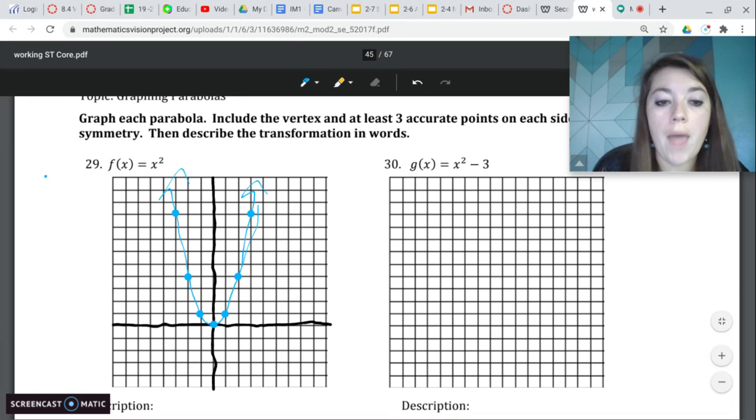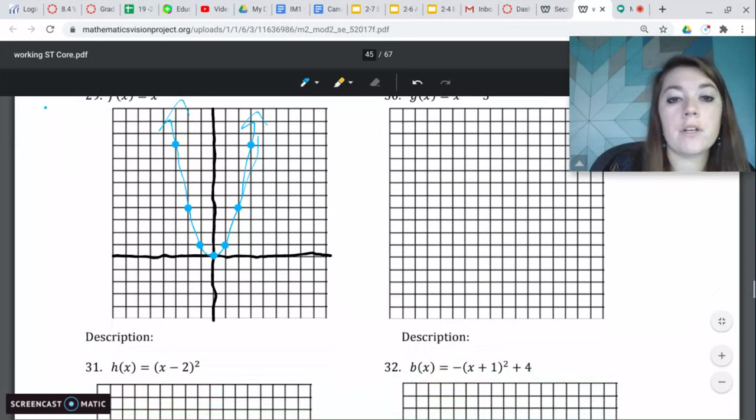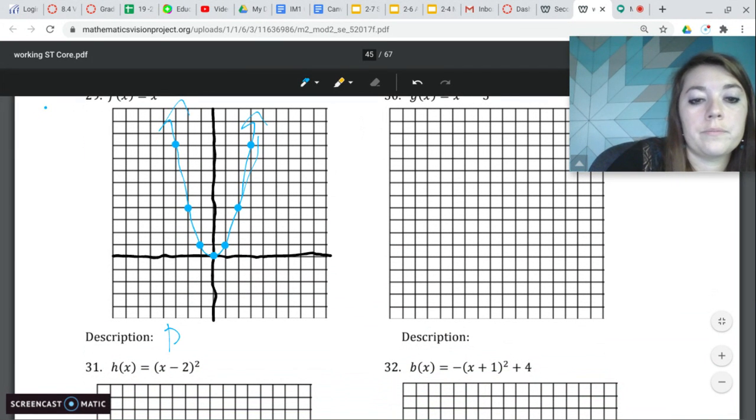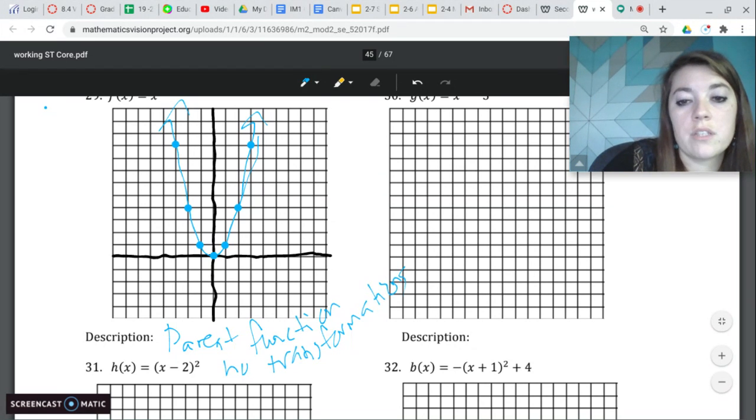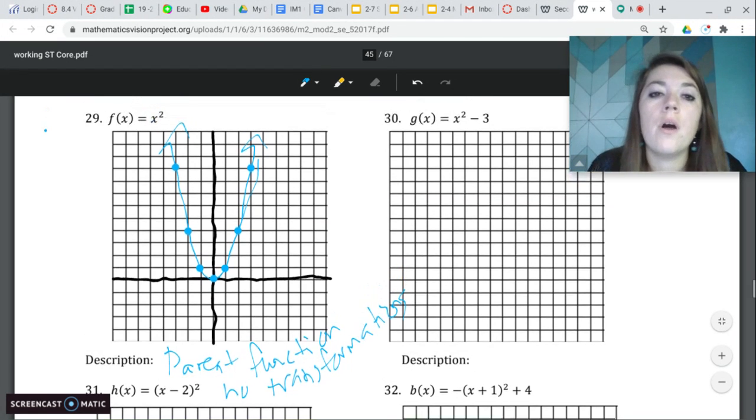Sorry, my curve isn't better on that, but that is our parent function. So this is the parent function. That means no transformations have occurred on this.